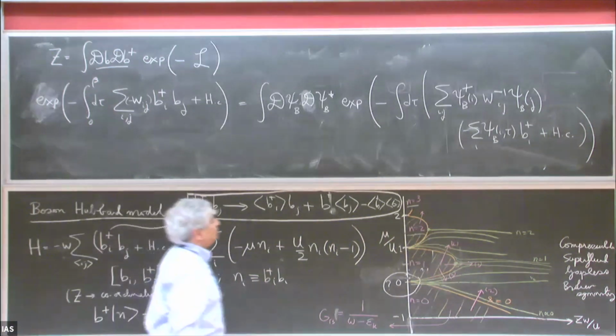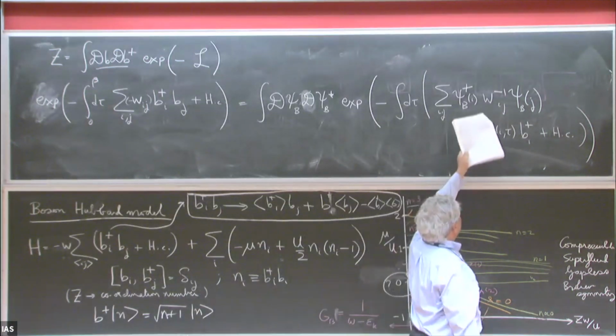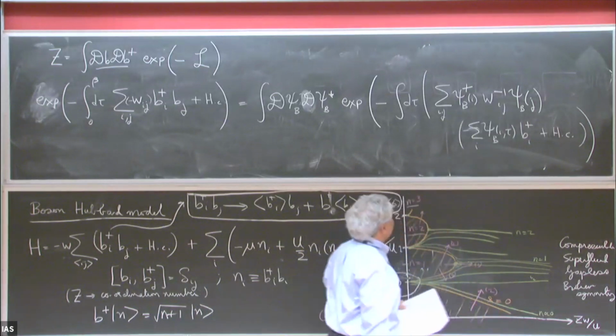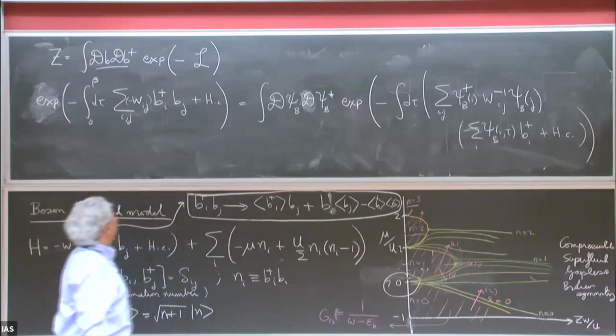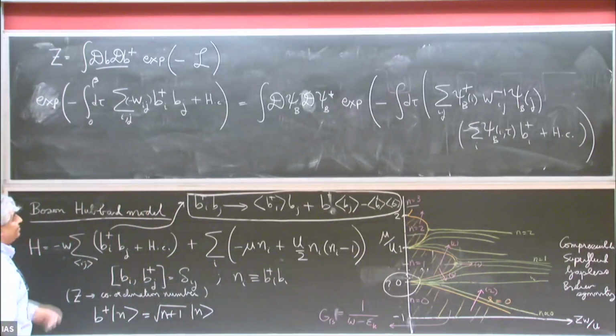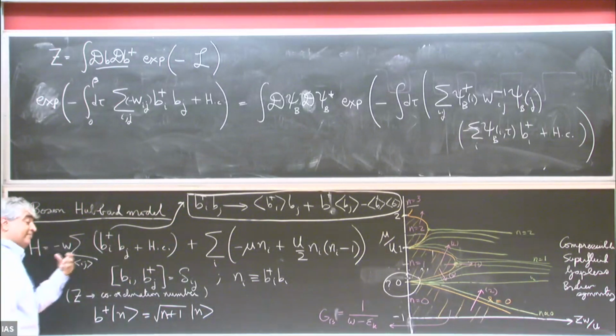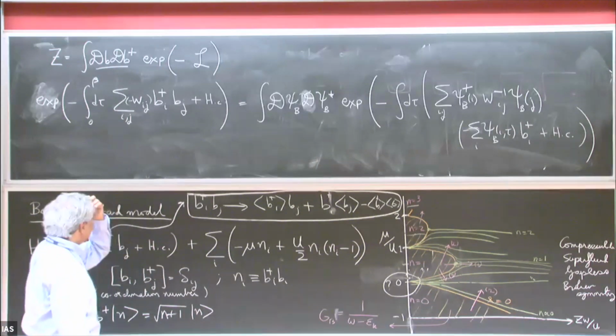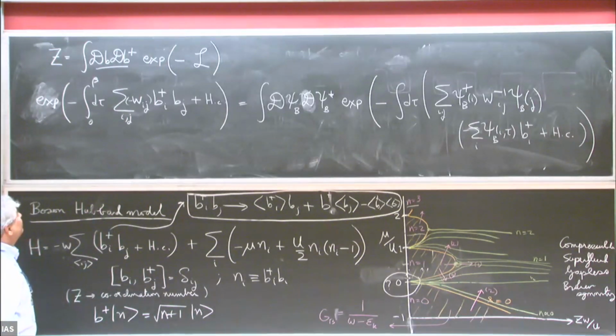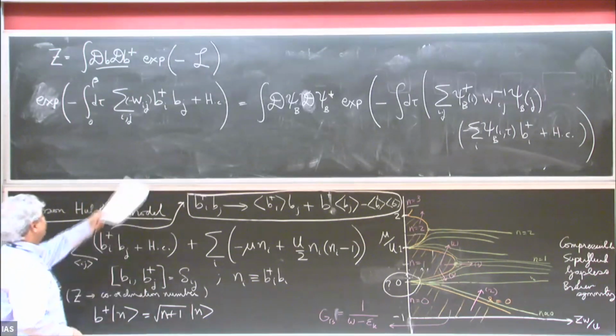Well, there's a W inverse over here, so you have to be a little more careful than that. But it doesn't matter, you get the same sign as on the left. I think it's correct. The signs are correct, provided W is positive. More precisely, provided the eigenvalues of W are positive, this is well defined. But that means that the action is minus W B dagger B, for positive W. Yes, that's correct. So I did put the minus sign there.